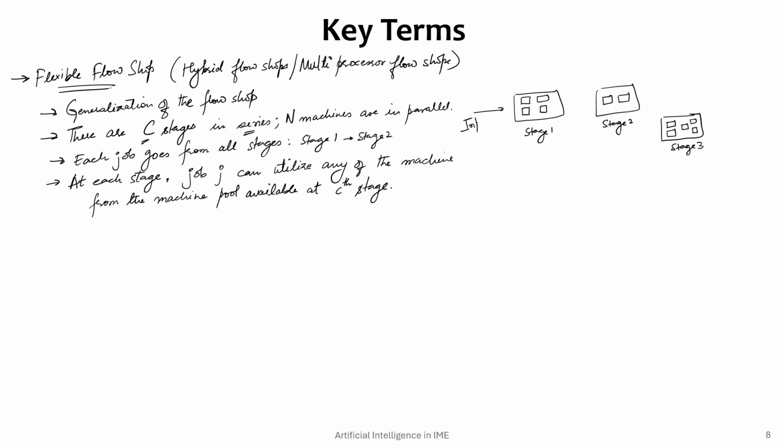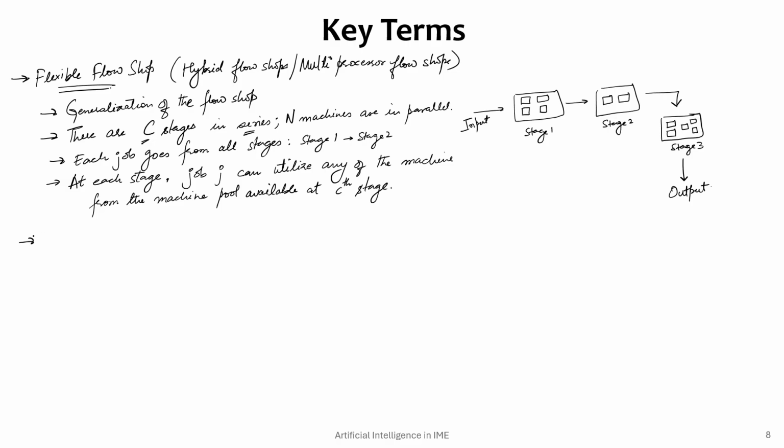From here your input job will arrive at stage 1, then it will go to stage 2 and finally to stage 3, and this will give you an output. So, what we are saying in this flexible flow shop is that each job will have to travel from stage 1 to stage 2 in a sequential manner. It cannot go directly from stage 1 to stage 3, but now unlike simple flow shop, you have multiple machines that this particular job can utilize in a particular stage. So, it can reduce your bottlenecks, right. So, this is how flexible flow shop works.